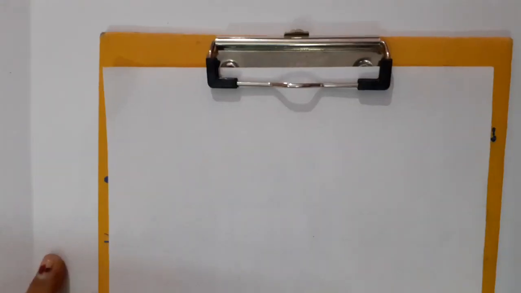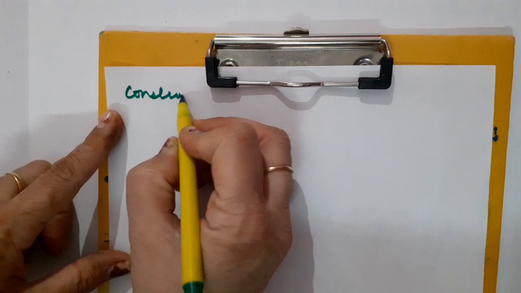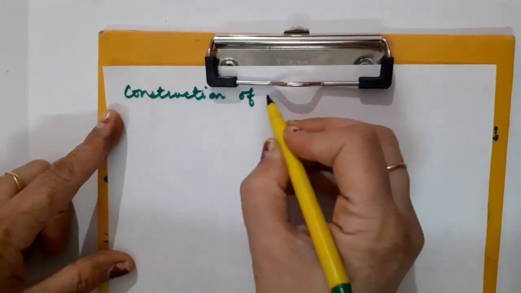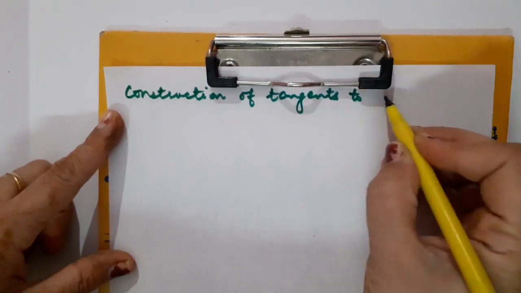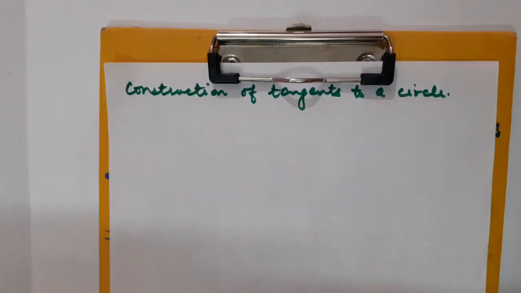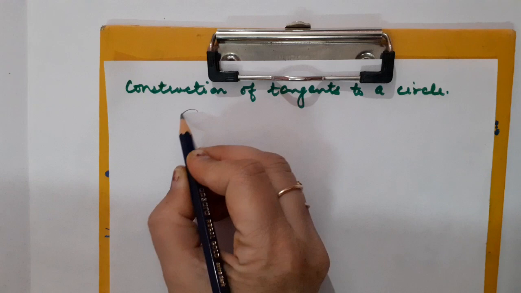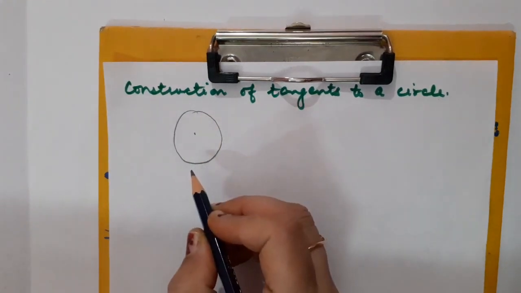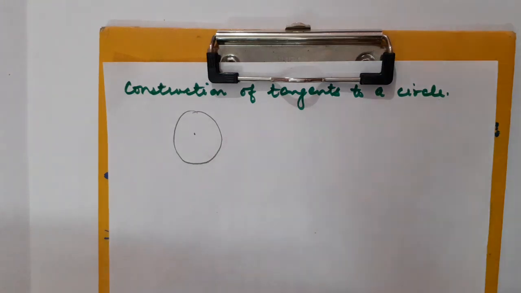Now children, I am going to switch to the next topic, that is construction of tangents to a circle. So children, as I have already told you that tangent to a circle is a line which touches the circle exactly at one point, and that point is known as point of contact.